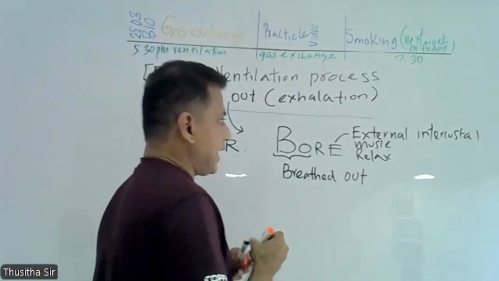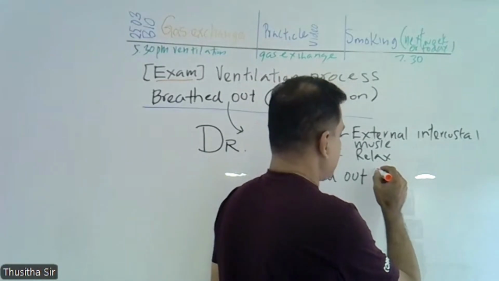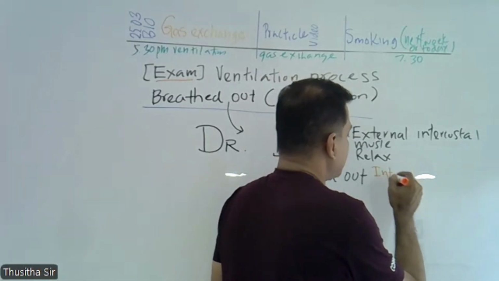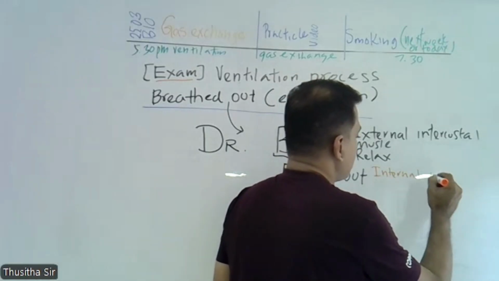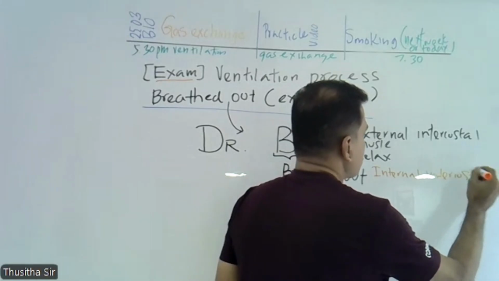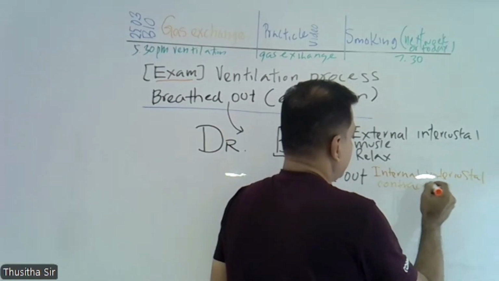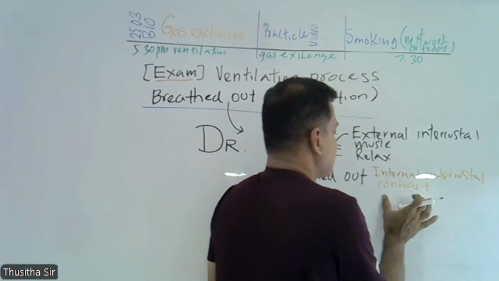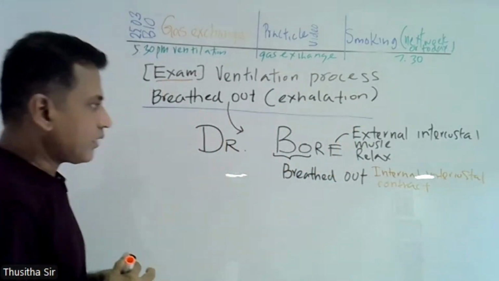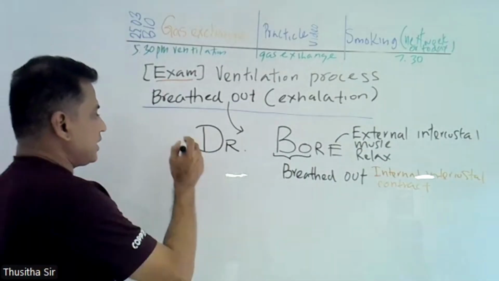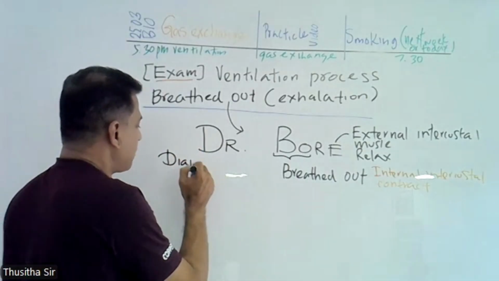Now here, external intercostal muscle relaxes, then the opposite is happening, internal intercostal contracts. That's opposite. When the other one is relaxed, this one contracts. So D is the diaphragm.